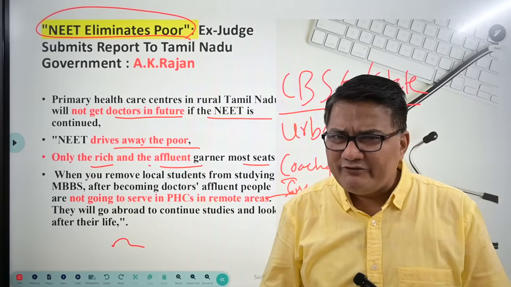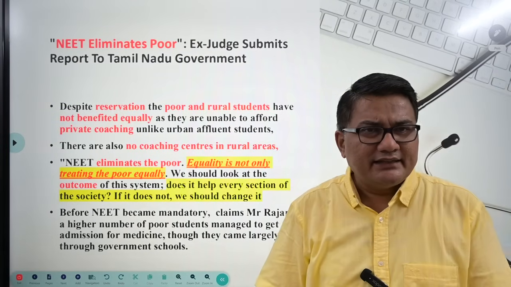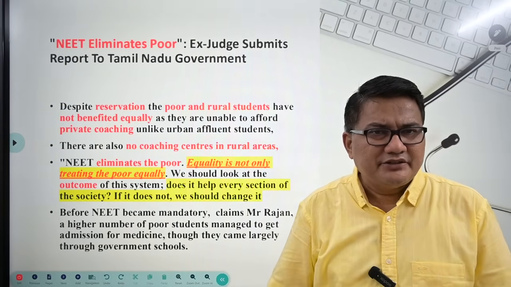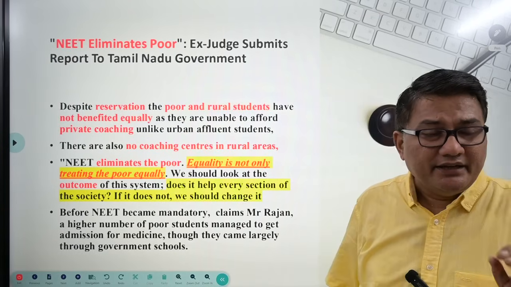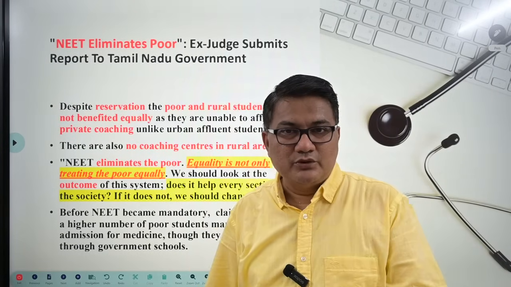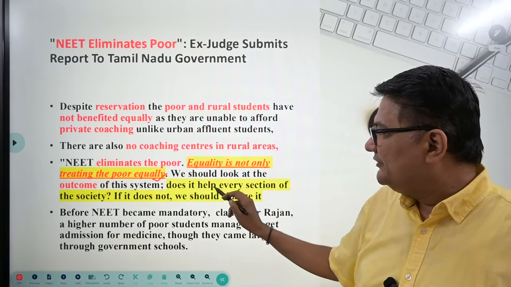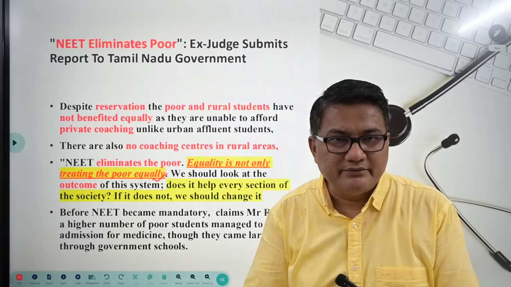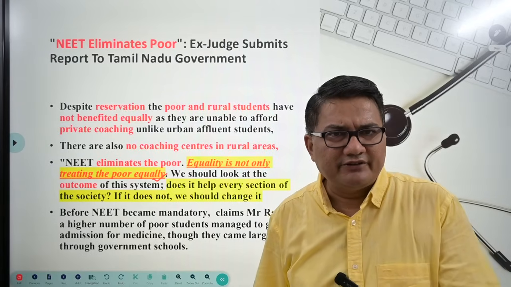Now, have they given any facts related to this? Let us see. It says that despite reservation, poor and rural students are not benefited equally. NEET not only eliminates the poor; equality is not only treating the poor equally, we should look at the outcome of the system. Is every section of society getting benefit from NEET?